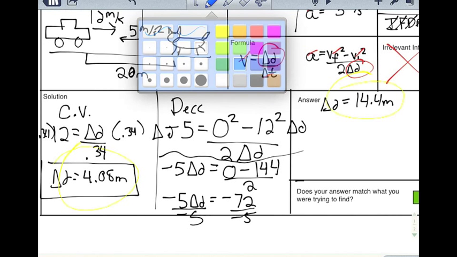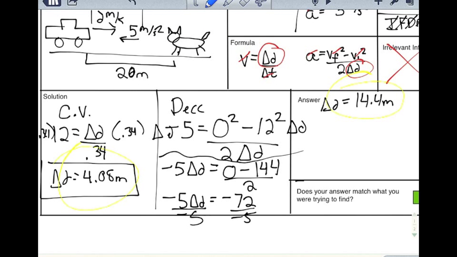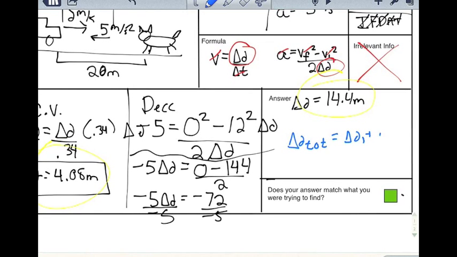And when we do that, we'll get our final answer. So the total distance is equal to the two distances added together. We take those 4.08 plus 14.4, you add those together, and then you do your significant digits, and you end up getting 18.5 meters.